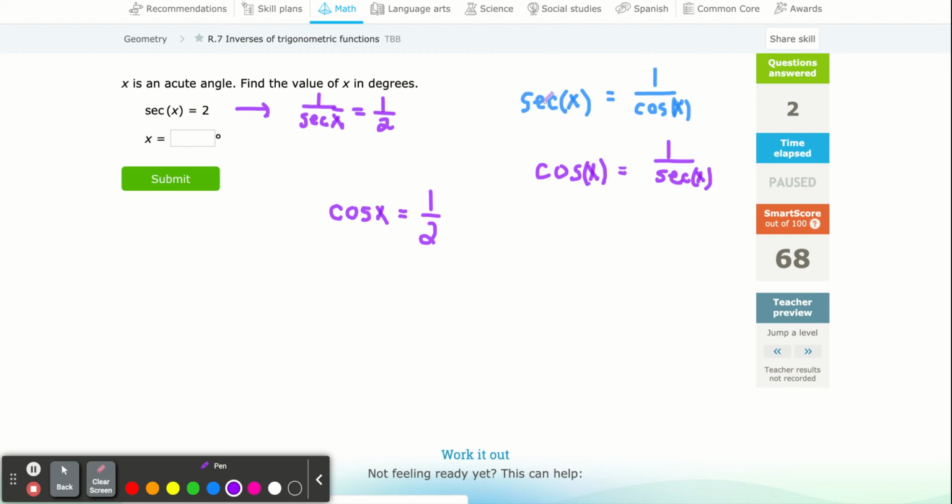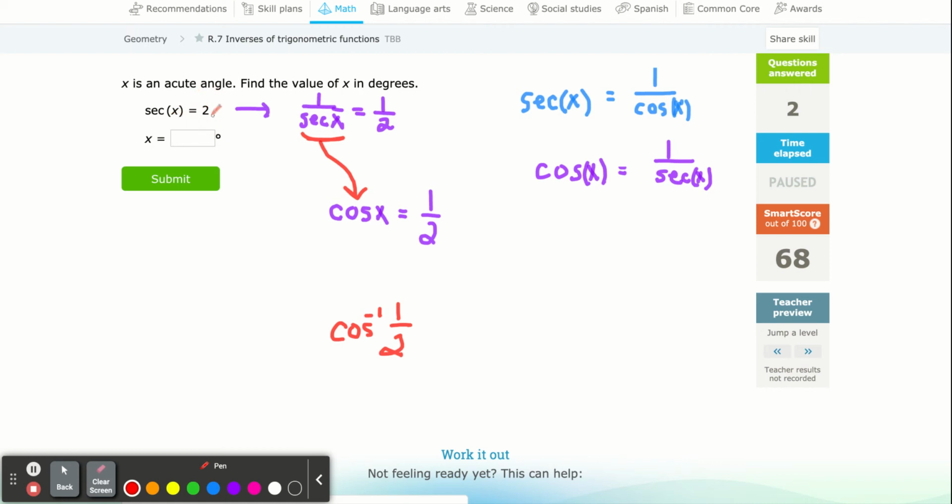And then realizing that the secant of x is 1 over the cosine of x, and vice versa, the cosine of x is equal to 1 over secant of x, I can replace this 1 over secant of x on the left as the cosine of x. Now I use my calculator to do the inverse cosine of 1/2.